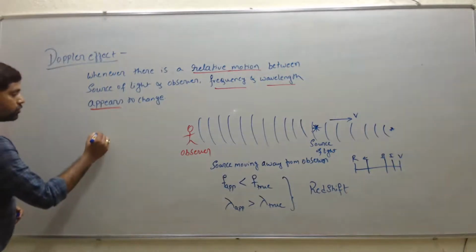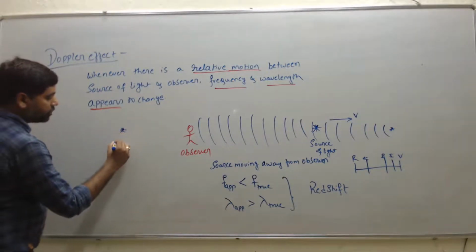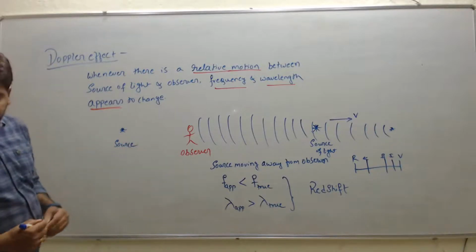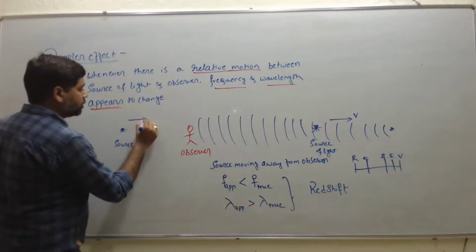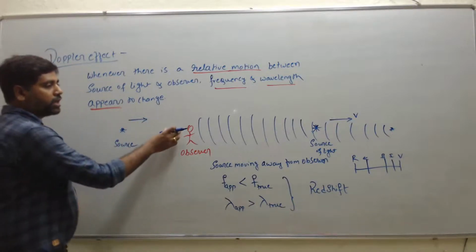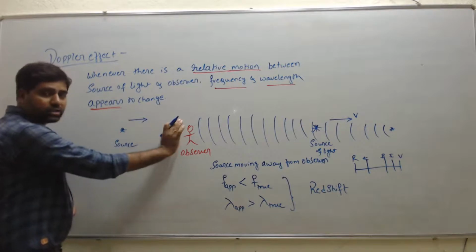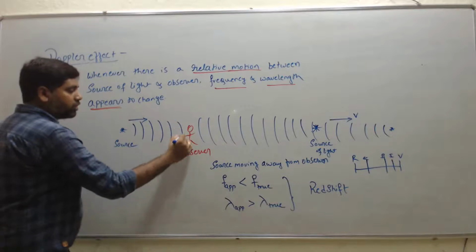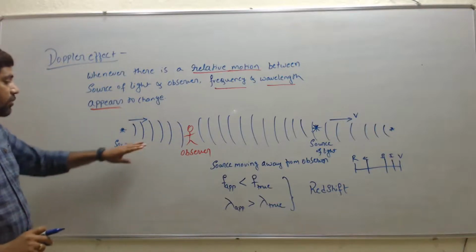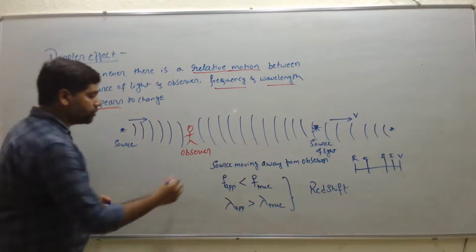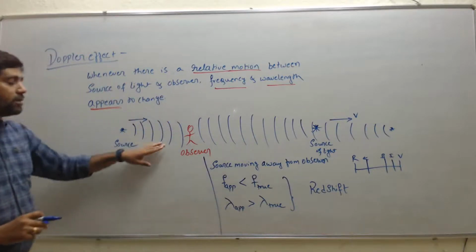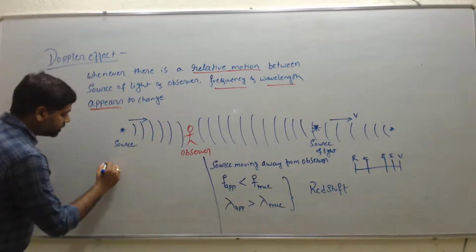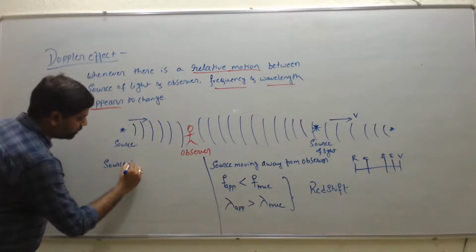Next, if the source is moving towards the observer, here is the source and here is the observer. The source is moving towards the observer, so the wavefront takes a smaller time to reach the observer. Hence the measured frequency is greater than the true frequency.